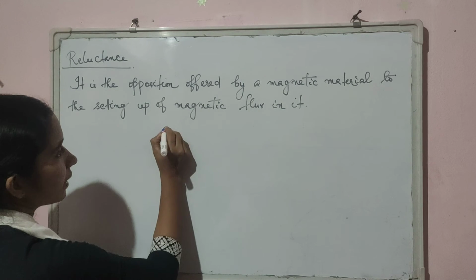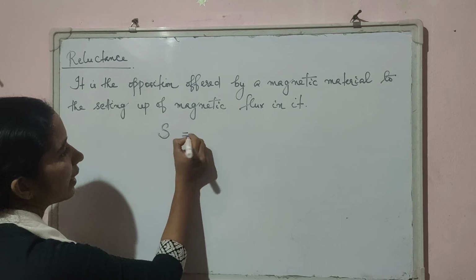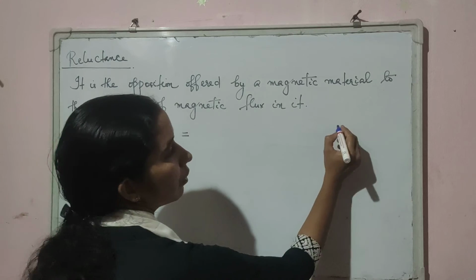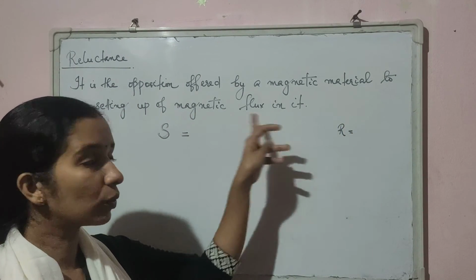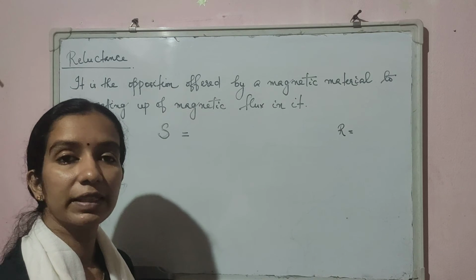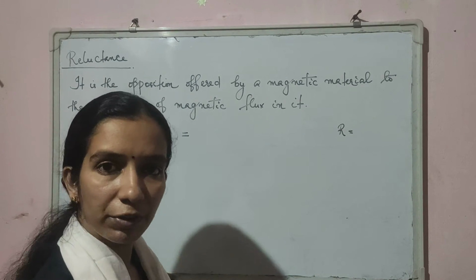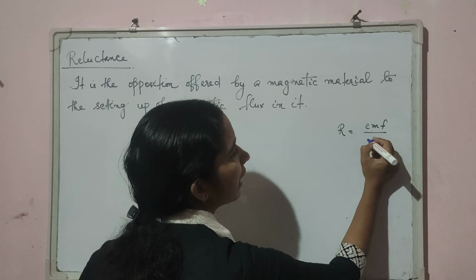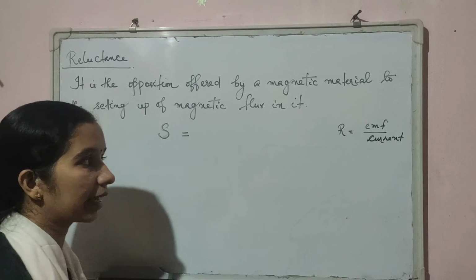And reluctance is denoted by capital letter S. We have said that reluctance is equivalent to resistance, and in an electric circuit, resistance R is equal to V by I, or we can write it as EMF divided by current. Okay, R is equal to EMF by current.